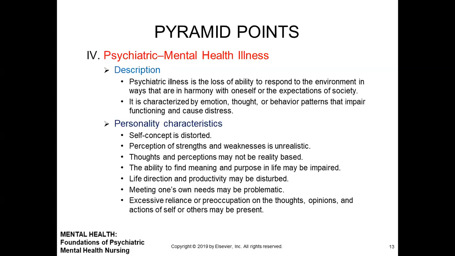Either they do not talk, or if they talk, it is too much, talkativeness. They are sometimes sad or too happy. They cry. They do not eat well. They do not maintain personal hygiene. So illness is a loss of ability to respond to the environment.